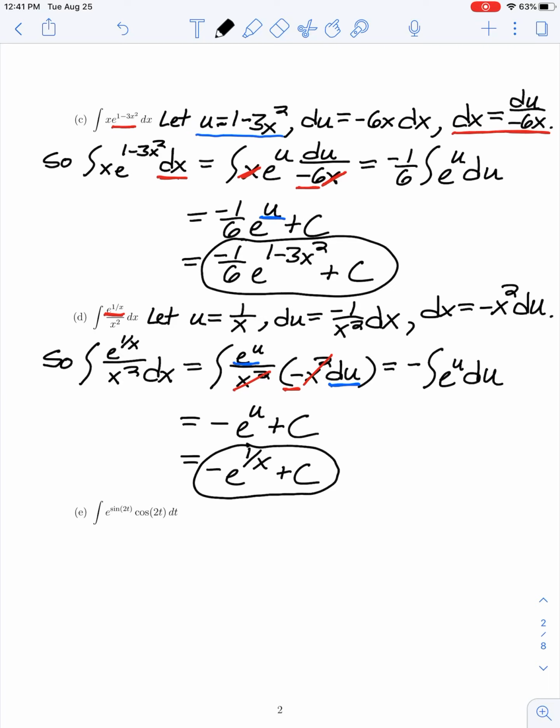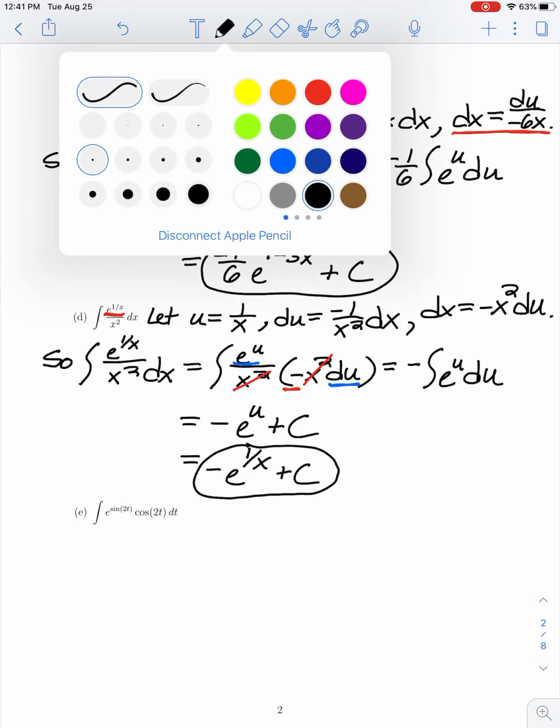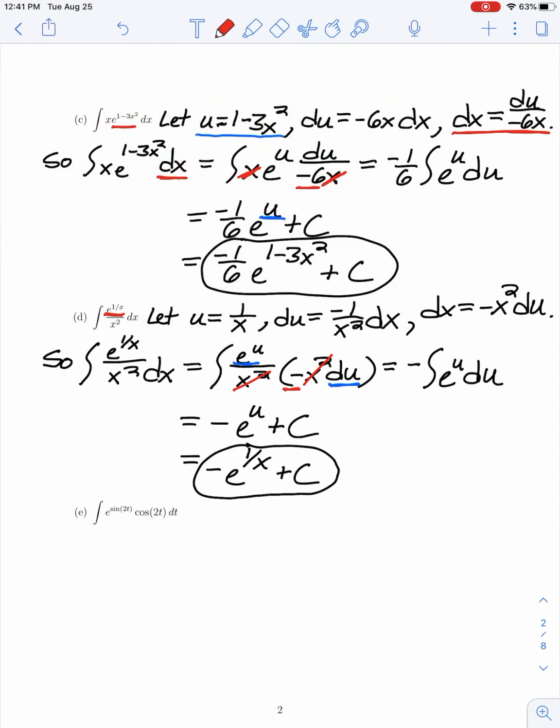In part E, we have the function e to the sine of 2t times cosine of 2t dt. So again, when I look at this one, what is it that immediately makes me think substitution? Well, it's this first factor. The first factor in my integrand is a composite function. In fact, it involves a couple of compositions.